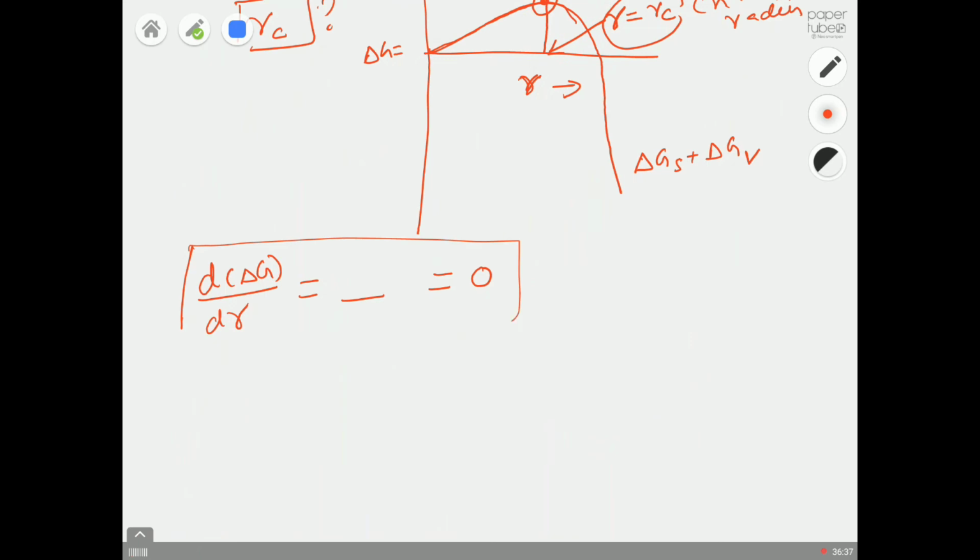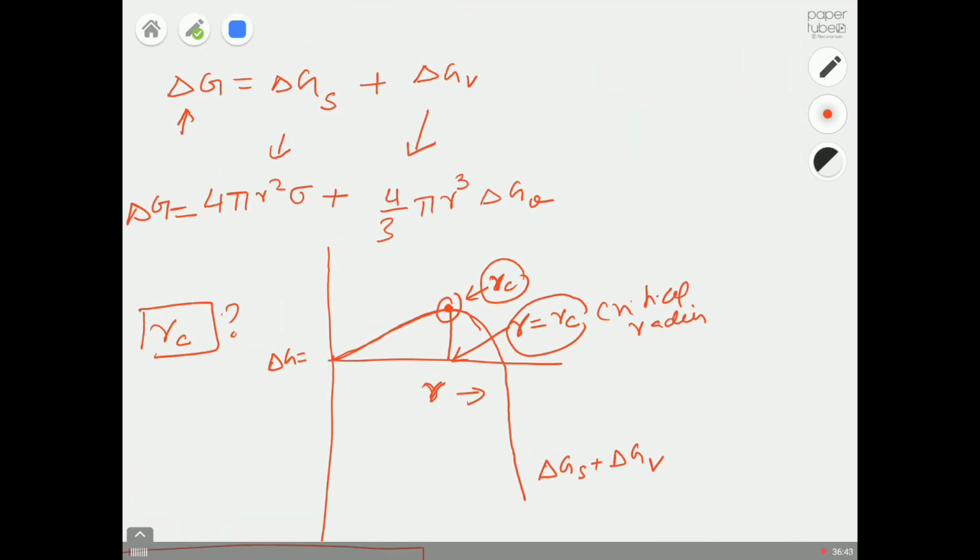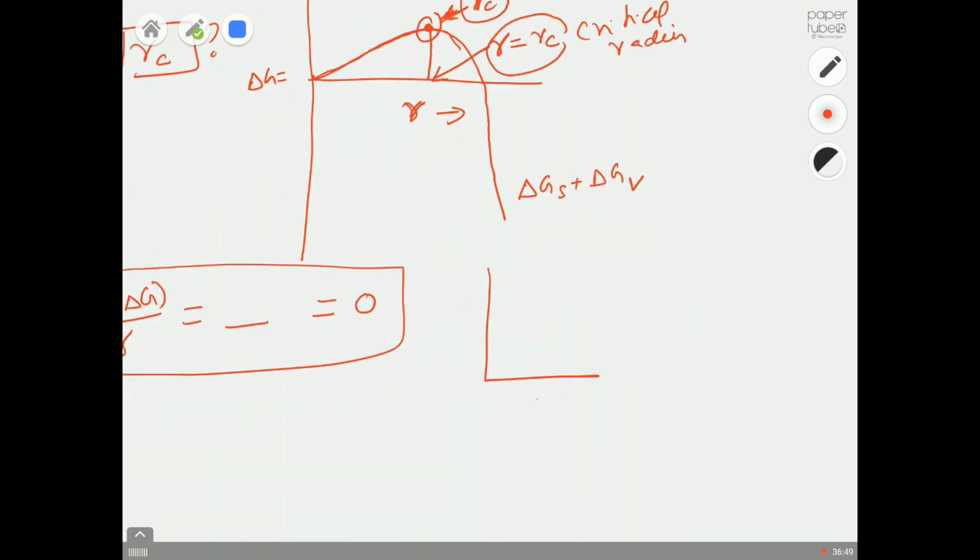So why should differentiating delta G with respect to dr give RC? If you don't have a mathematics background, I will try to explain it quickly. Imagine you have x, you have y. This is some function. Your y is increasing as a function of x, following some particular trend.